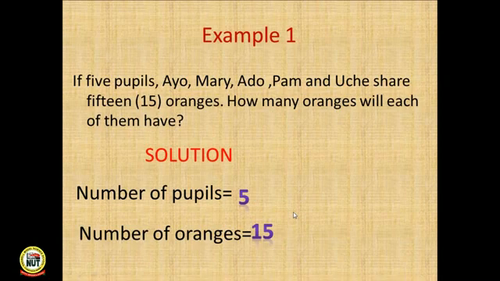Alright, so we have to bring out the question. Remember, this mathematical problem is stated using words. Now we have to bring out the mathematical interpretation using figures. I want to be using numbers now. So we have 15, division sign, 15 divided by 5.